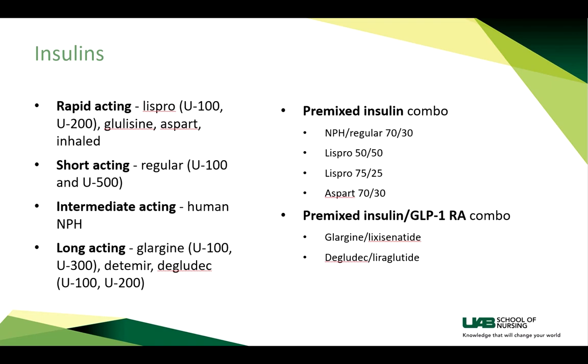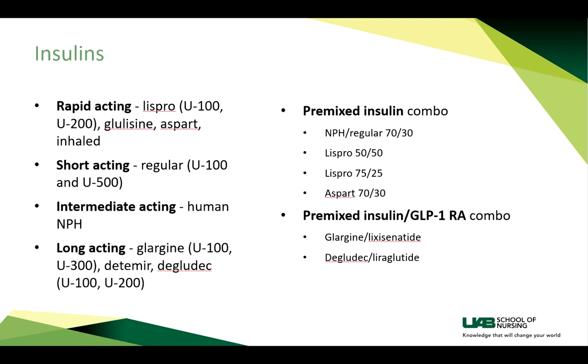The onset is usually fairly quick, in 0 to 15 minutes, and that is why we can dose these rapid acting insulins right before a meal, because they will start acting very quickly and they will last about as long as we need them to for the consumption of that meal and for the peak in the blood sugars related to the meal that was eaten.